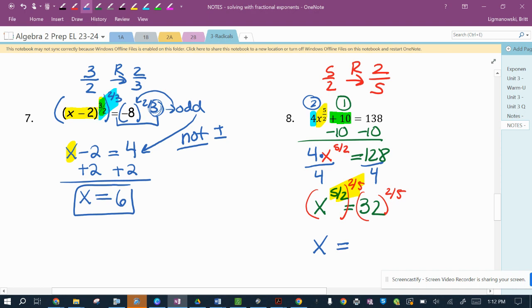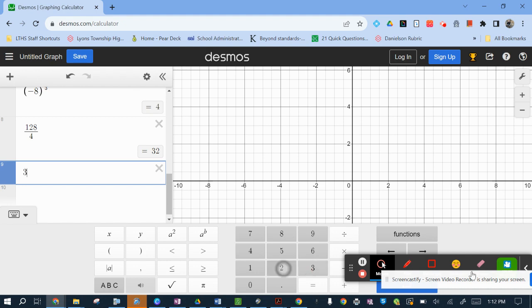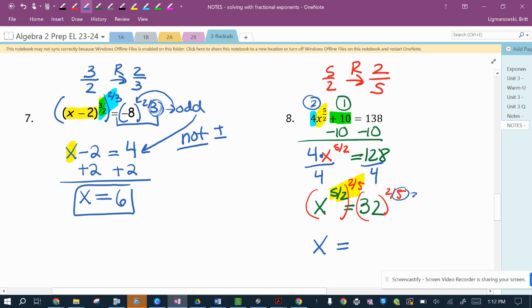I'm going to do 32 to the 2/5, and I'm going to get 4. But again, this is odd, so it's just one answer. It is just going to be 4, not plus or minus. Only if the bottom number is even is it plus or minus. So it's just 4.